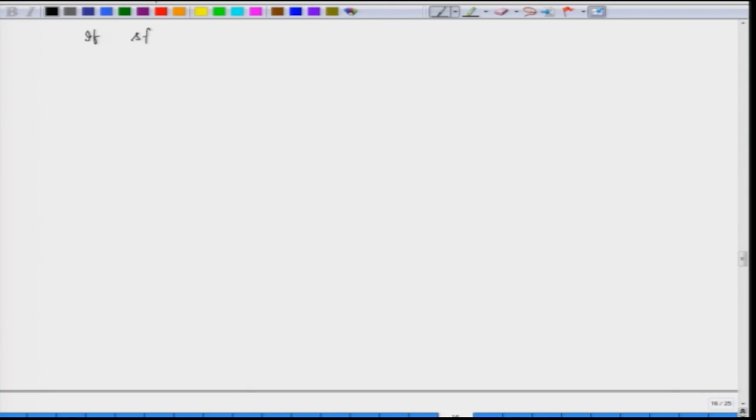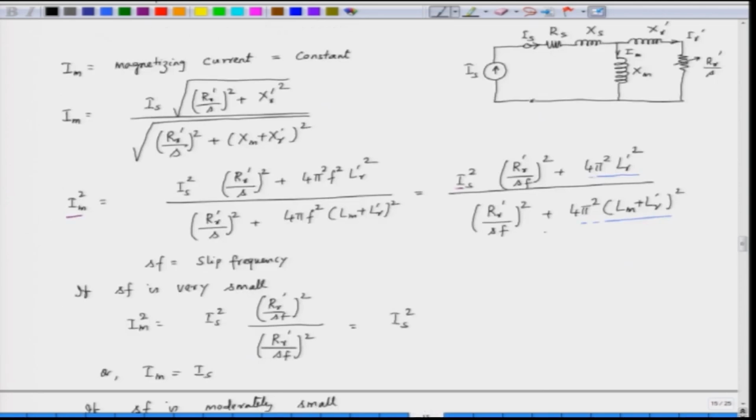Now, let us see what happens if Sf is moderately small. If it is moderately small, we can neglect this quantity. It is 0, and if Sf is moderately small, but still we have some value of Sf, it is not very small.